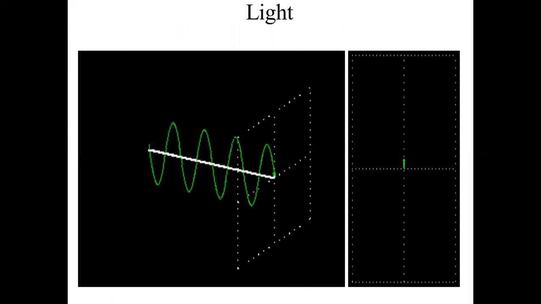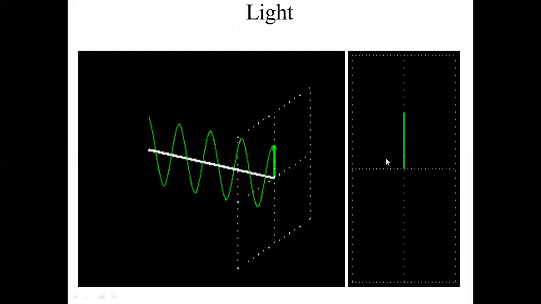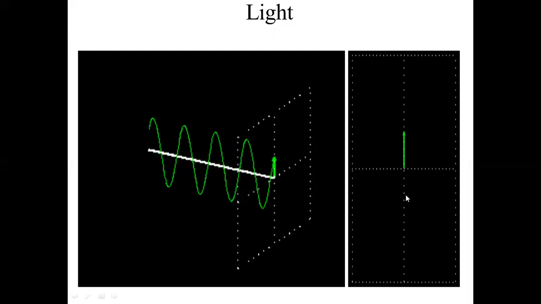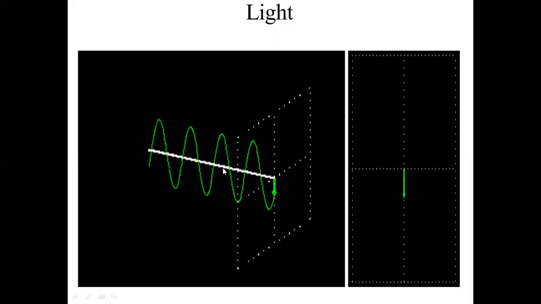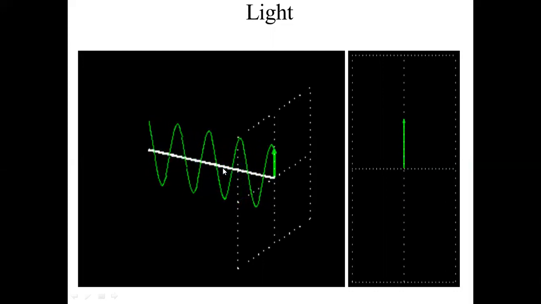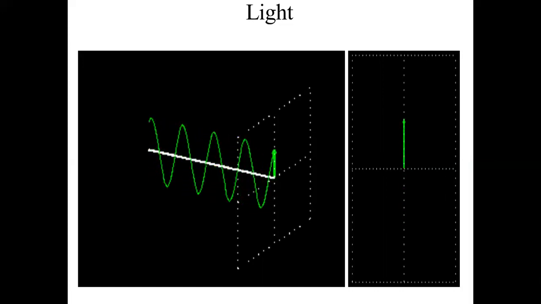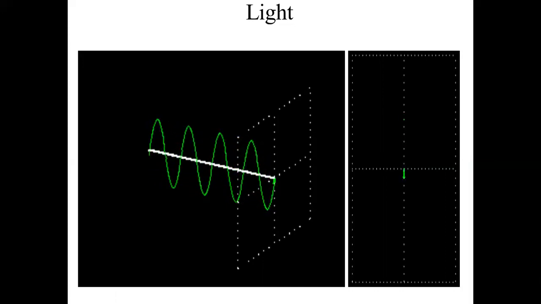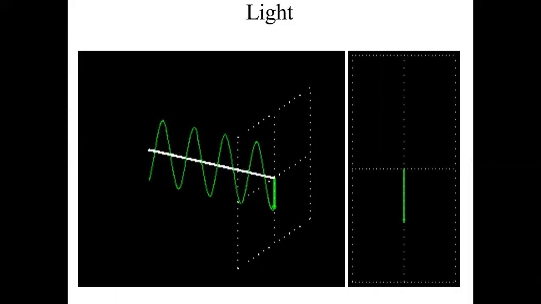Here suppose this is an electric component; you can see that it is gradually increasing and decreasing. Now in certain spectroscopic techniques, you study the interaction of the electrical component with matter. In certain techniques, you study the interaction of the magnetic component with matter. In this technique, we are going to study the interaction of the electric component with matter.